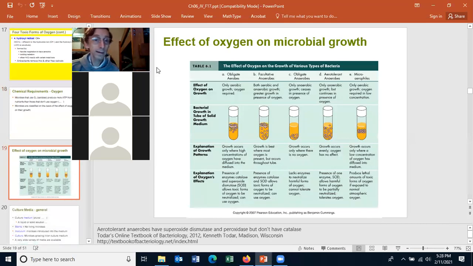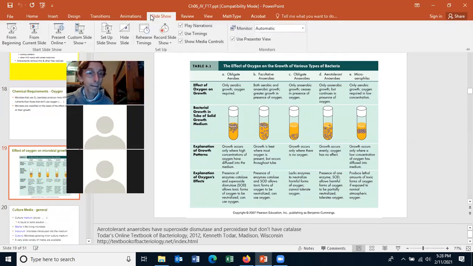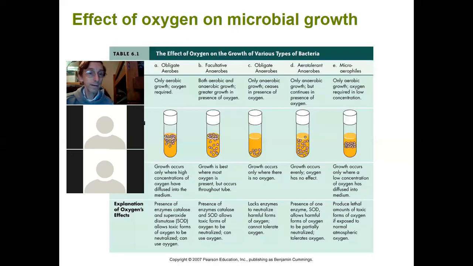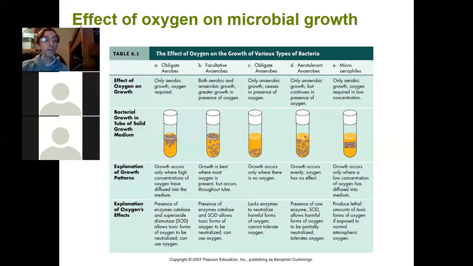How we test the effect that oxygen has on the growth of a microorganism is we make a thioglycolate tube. Thioglycolate is a media that removes oxygen from the media. And when we autoclave the thioglycolate tube, when it immediately comes out of the autoclave, there's no oxygen in the media.